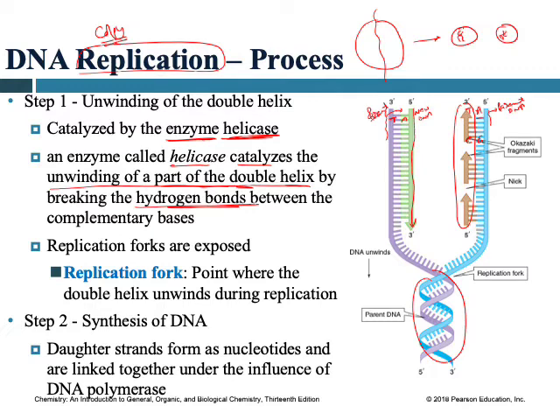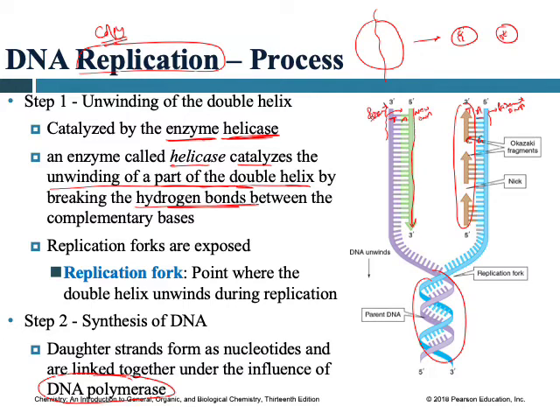And this copying of information, or making of this new DNA, is done by one more enzyme called DNA polymerase. So if I ask you which enzyme normally copies the DNA, it is DNA polymerase. Which enzyme normally helps to open up the DNA is helicase, right?